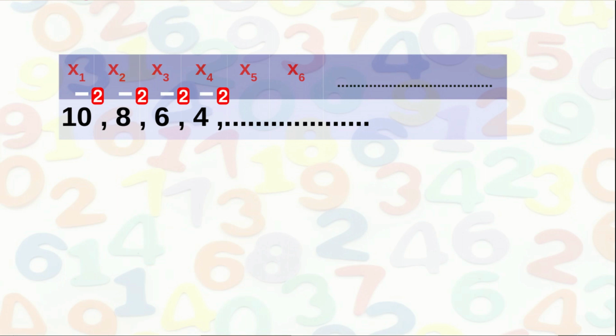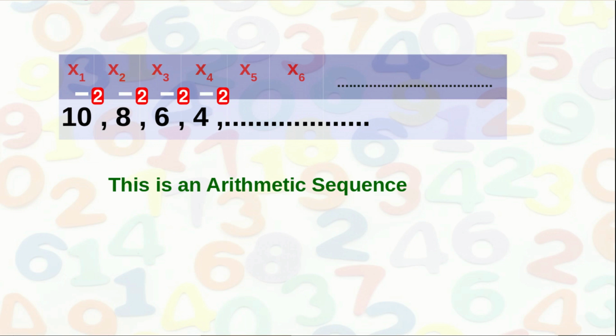Therefore, this can also be considered as an arithmetic sequence because it starts with a number and a fixed number is added repeatedly. Here that fixed number is negative 2. Therefore, the common difference of this arithmetic sequence is negative 2.